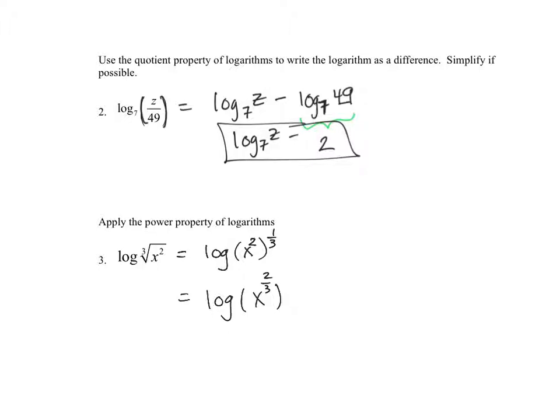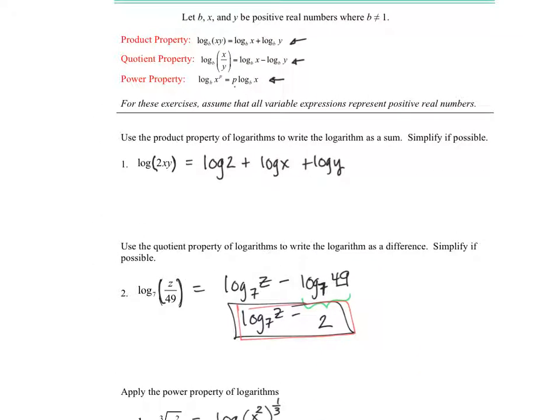If I have an exponent inside my argument, that can be rewritten where that exponent is the coefficient in front of the logarithm. So that would be the answer on that one. Okay, there we go. All right, let's move on.